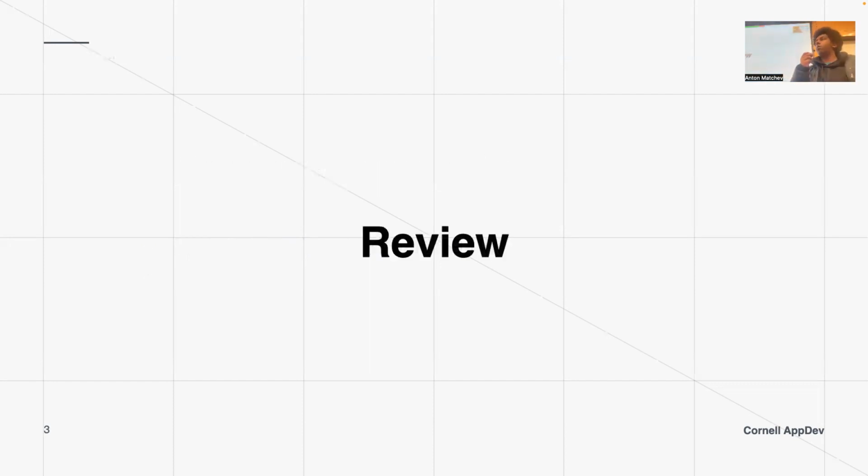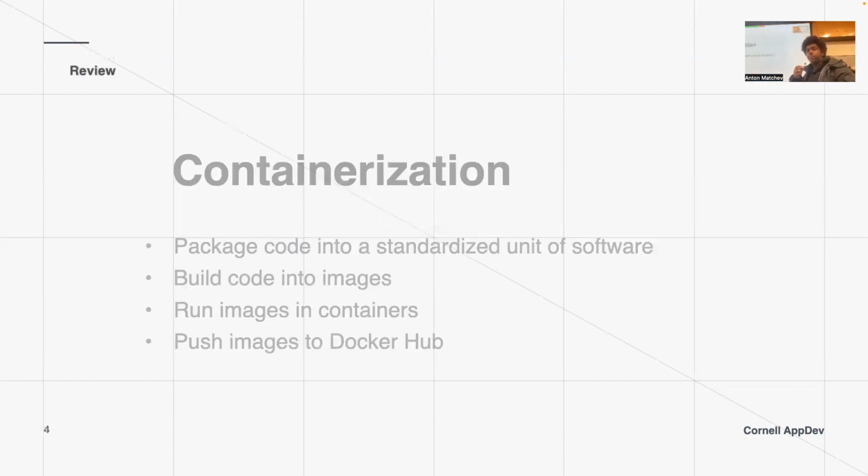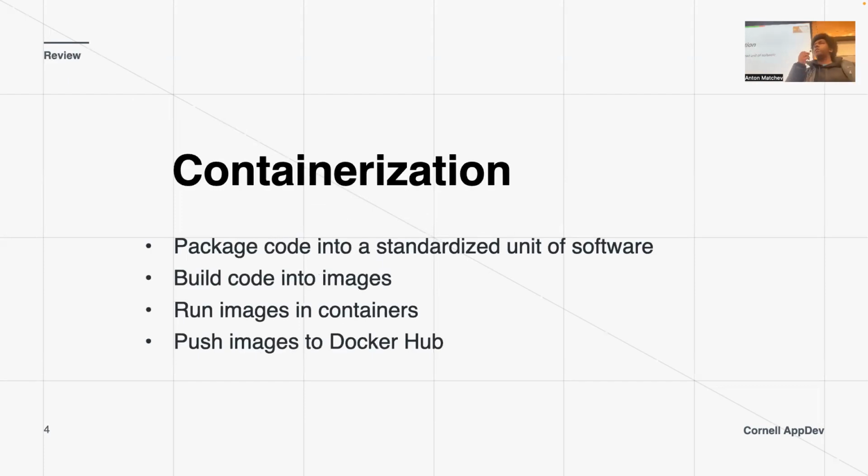Some quick review on what happened last week. We talked about containerization and the process of having your code be built into a Docker image, and that image can be run as a container, which acts as a process that has a virtual operating system that runs your code, and the image is meant to be the minimal state that your code needs to actually run.